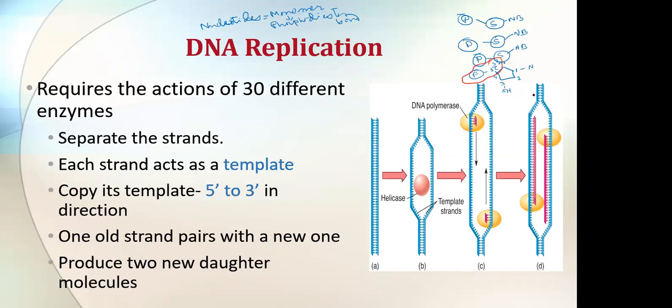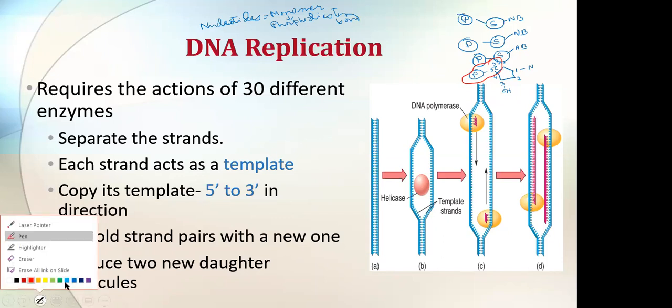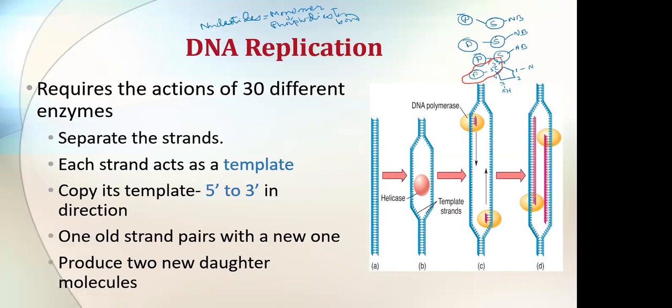I hope you remember the structure. Now, on the other hand, if we notice the opposite side, the nitrogenous bases are here, then sugar, then phosphate. Sugar, base, phosphate. So it goes that way on the other side.